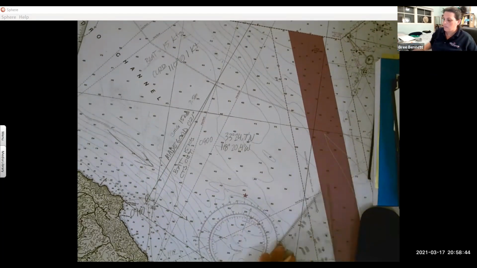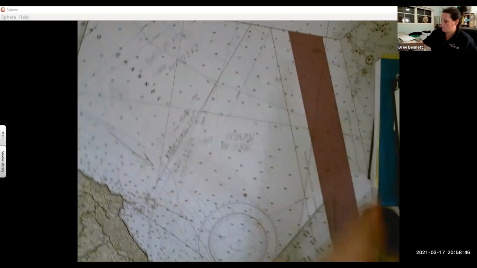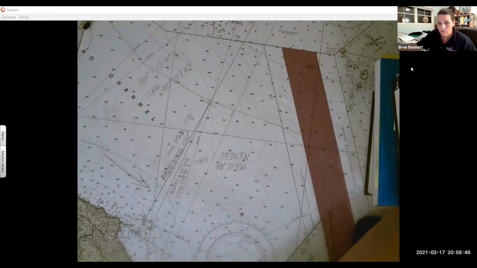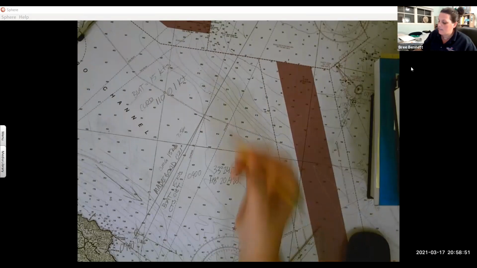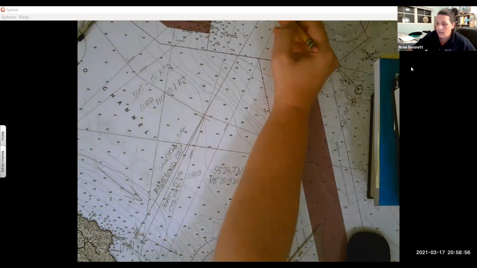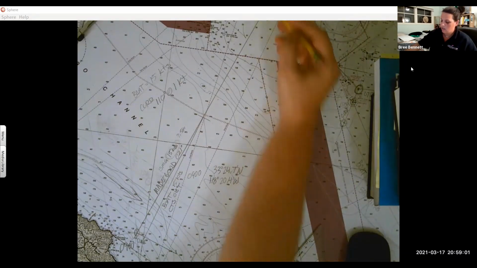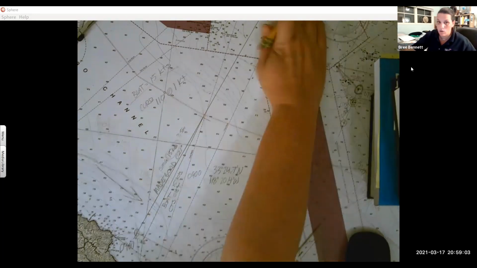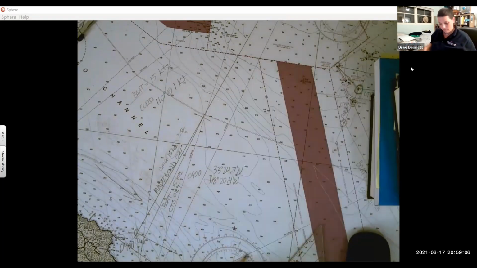Okay, so I want to figure out my ETA still. So I have my speed made good of 15, and I want what my ETA is. So I need my whole distance of the whole leg here. So I'm going to measure 5 and walk it.